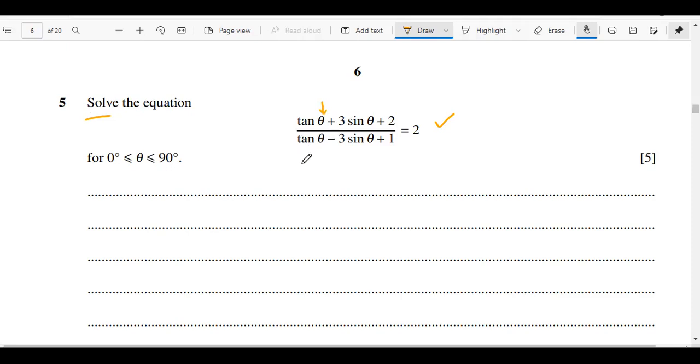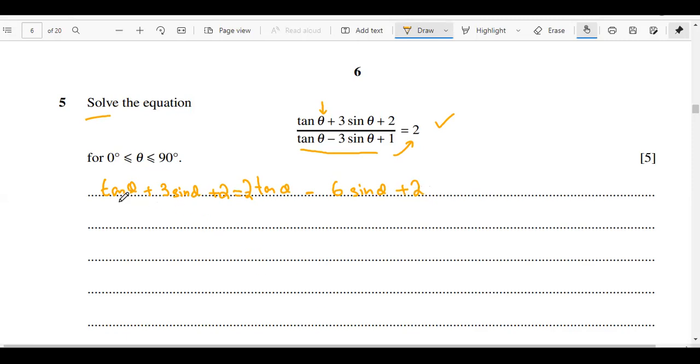Let's simplify this first. I can take the denominator to the right side. So that would give me tan theta plus 3 sine theta plus 2 equals 2 tan theta minus 6 sine theta plus 2. I'm multiplying 2 directly. Please stay focused, this is very important for you.